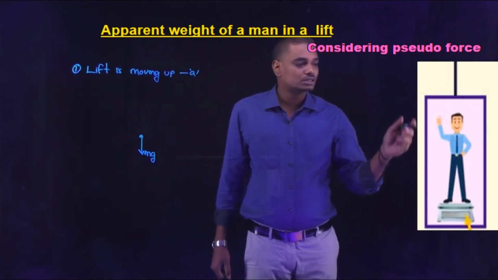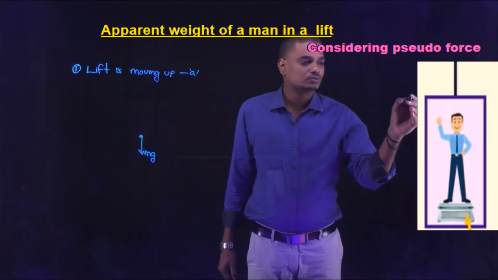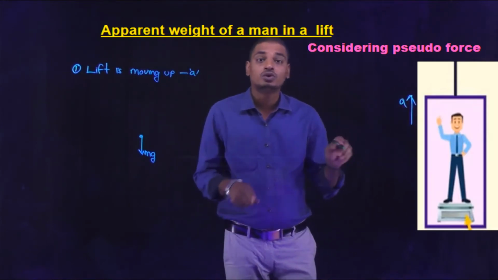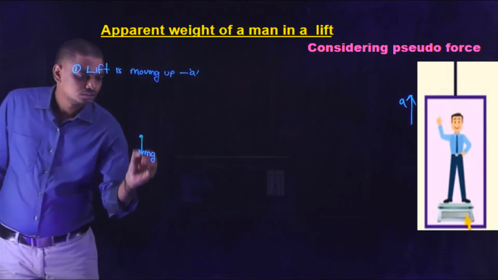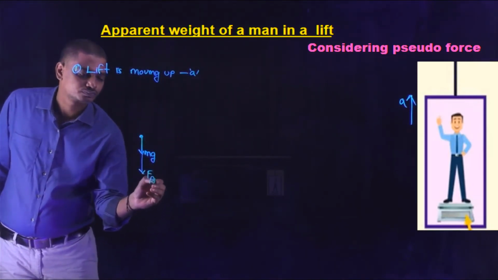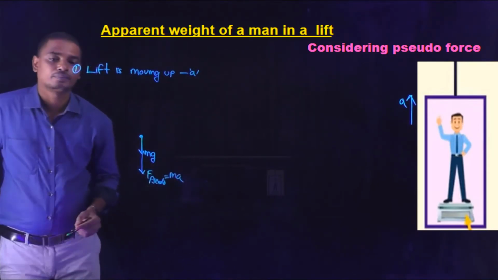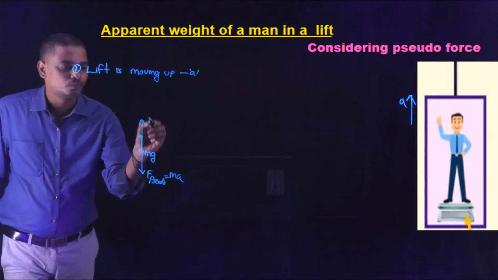As the lift is moving upward with an acceleration a, the pseudo force will be in the downward direction. So pseudo force is equal to ma, and the normal reaction is upwards.